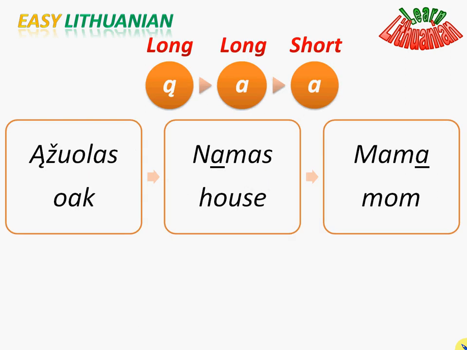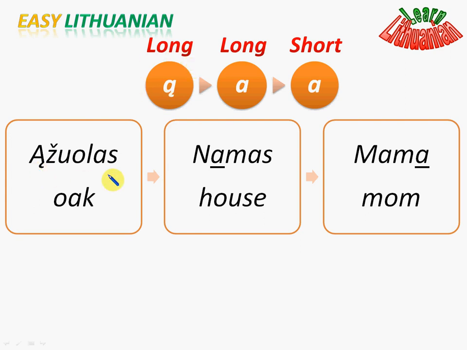Let's start with our first row with the vowels A and A. Now let's go from left to right. First, the long A nosinė, ąžuolas, which means oak.